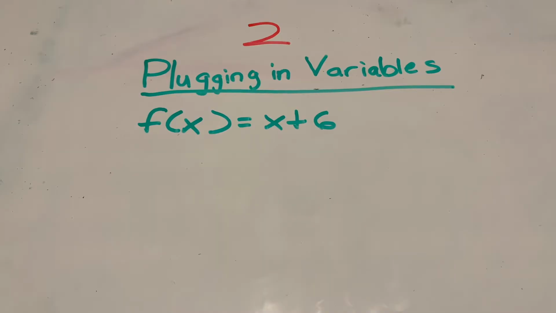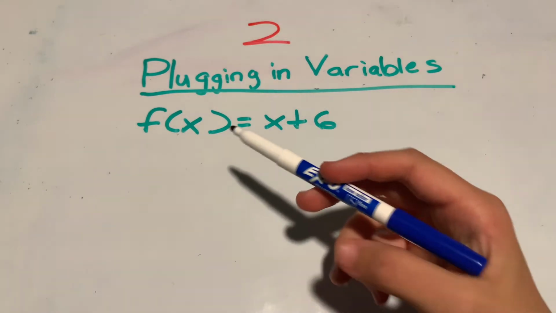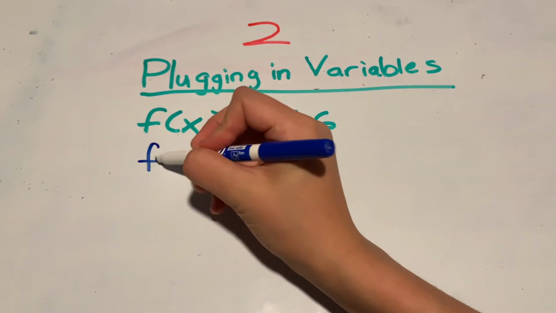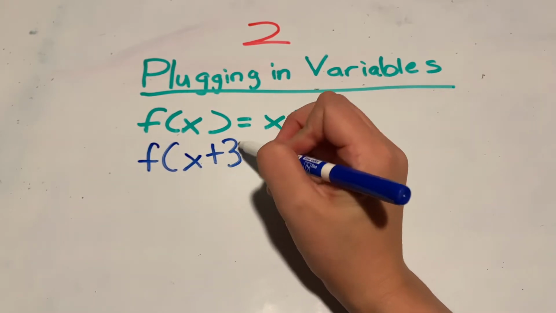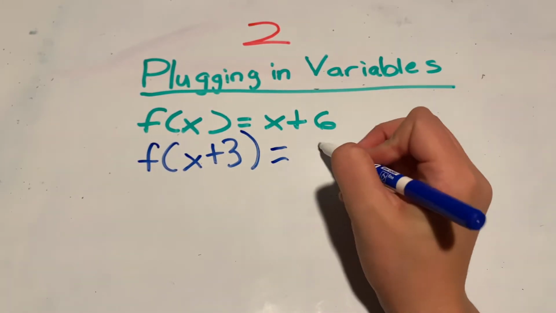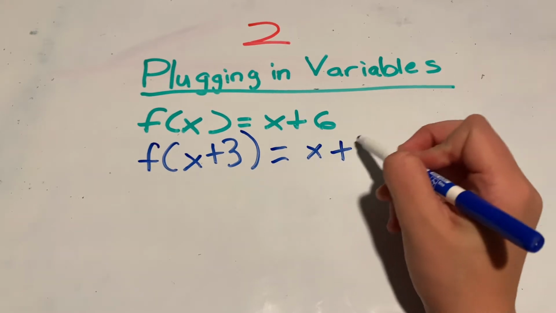The second way of evaluating functions is plugging in variables. So let's say we have x plus 3 and we want to plug it into f of x. We're going to write it down like usual, f of x plus 3, since we're plugging that in, and then equals x plus 6.